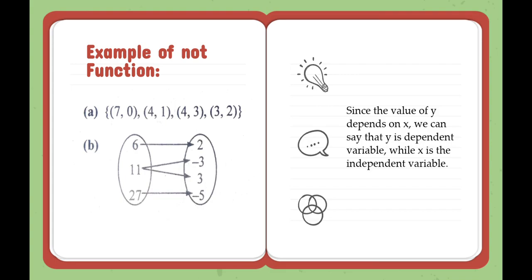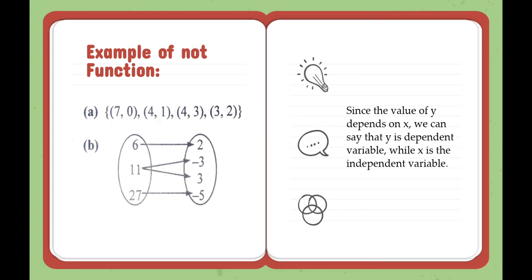Since the value of y depends on x, we can say that y is dependent variable, while x is the independent variable. Kung mapapansin natin, ang x dyan, ang lahat ng value ng x natin ay matatawag nating independent variable. Kasi base sa definition ng function, sabi ko kanina, dapat ang mga x values natin independent ang kanilang value.